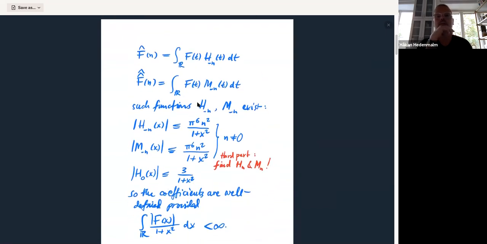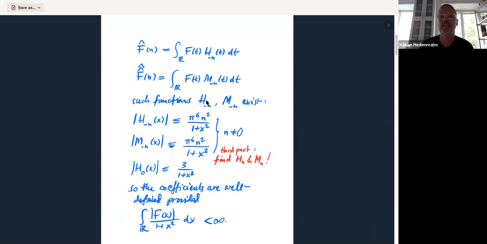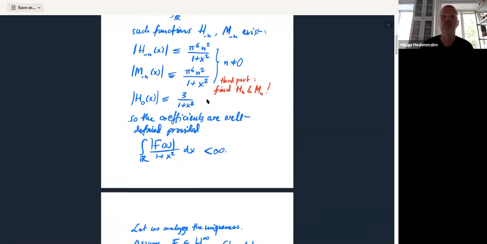Now, the main points are that the generalized Fourier coefficients are representable in terms of a dual basis. These functions h minus n and m minus n, which are smooth functions.